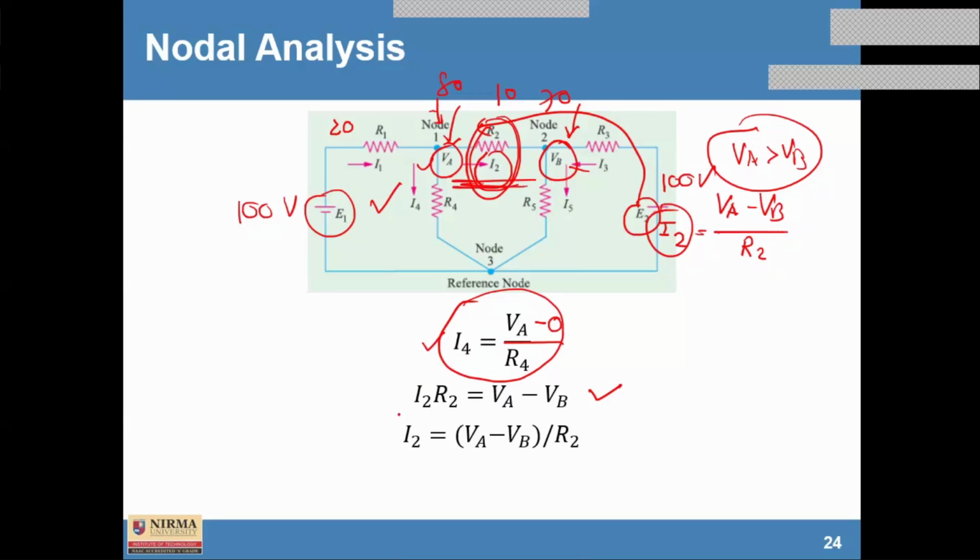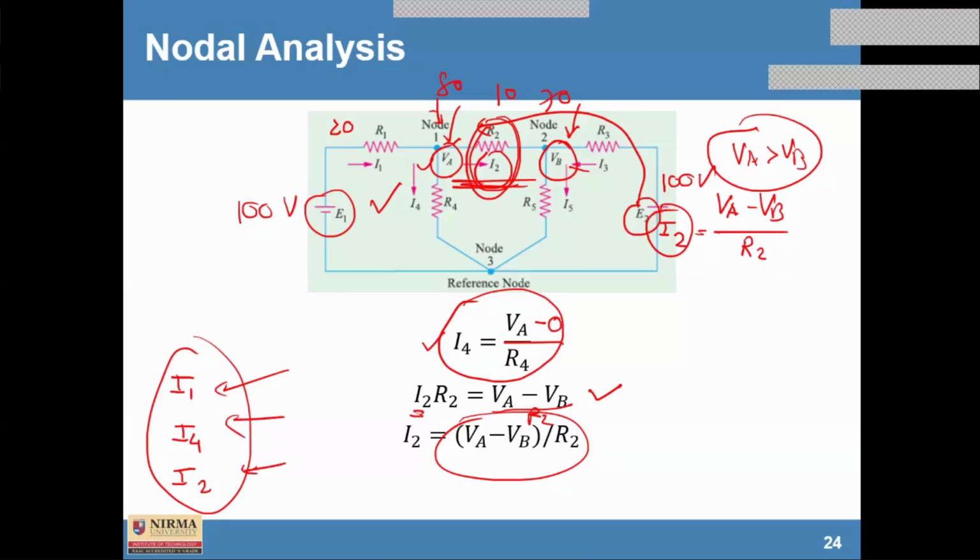So I2 is equal to VA minus VB upon R2. So here we have received the equation of I1, an equation of I4 and I2. Okay, so by considering these three, we can have a final equation using Kirchhoff's current law.